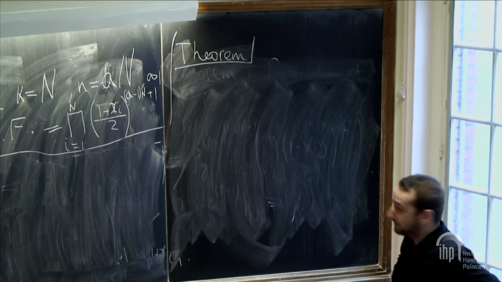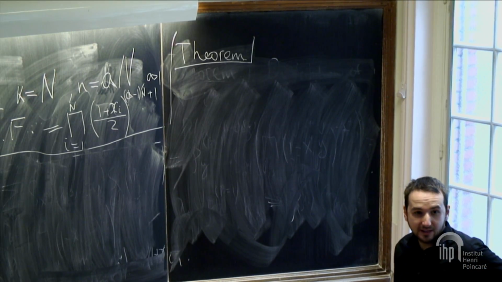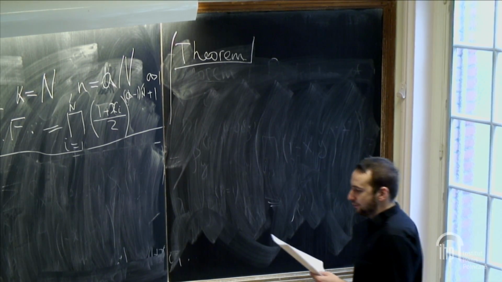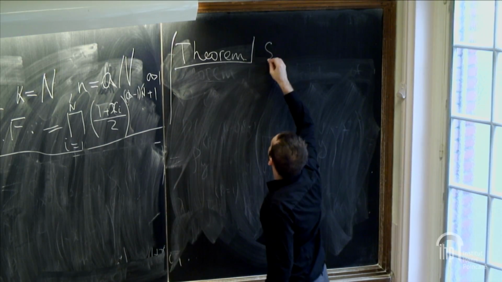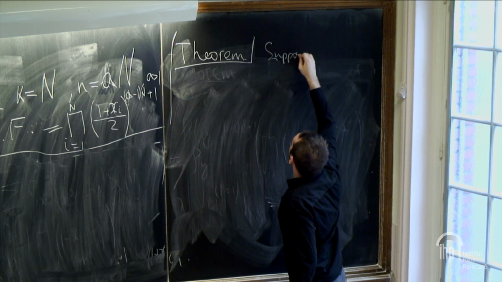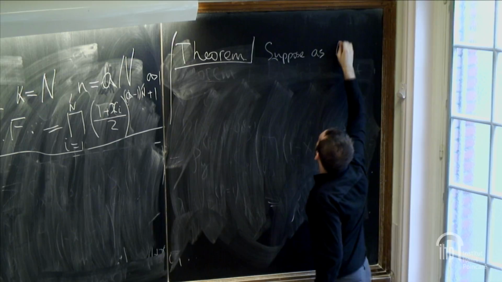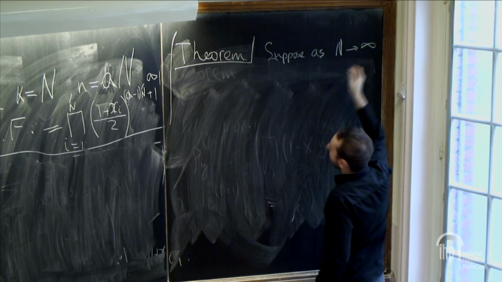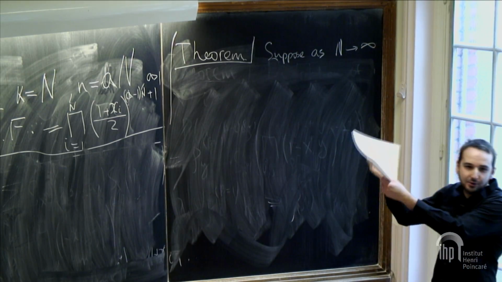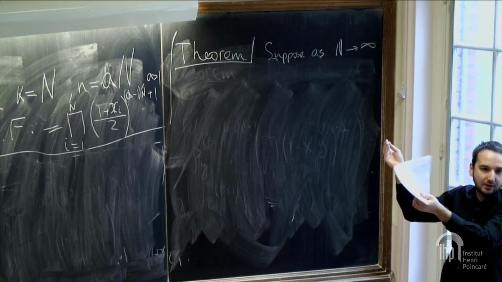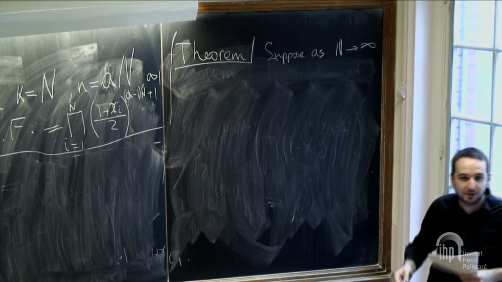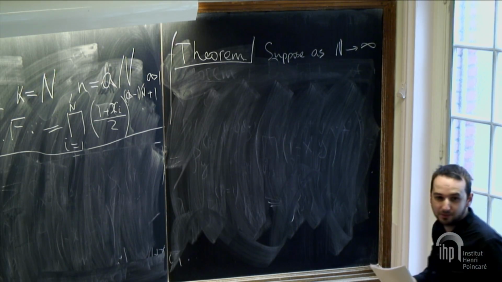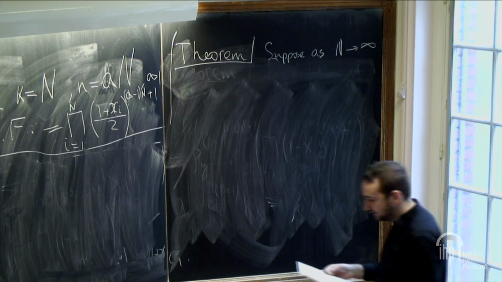OK, so the theorem tells you the following. Suppose that as n goes to infinity, you know something about the Schur generating function. I mean, for each n you have some probability measure, and you know that the Schur generating functions corresponding to these probability measures have some nice properties.